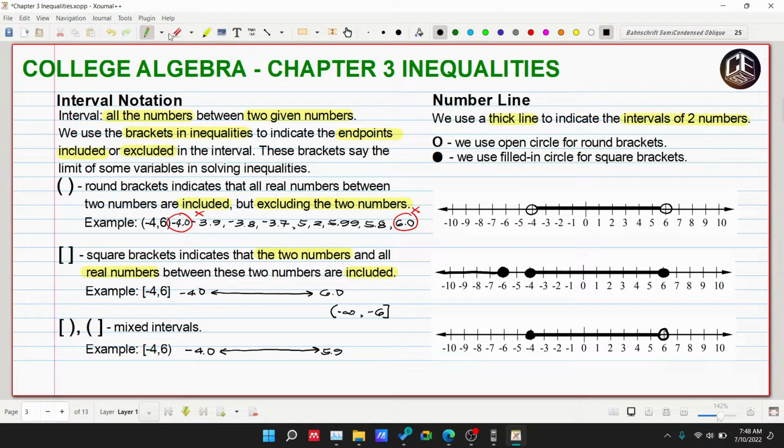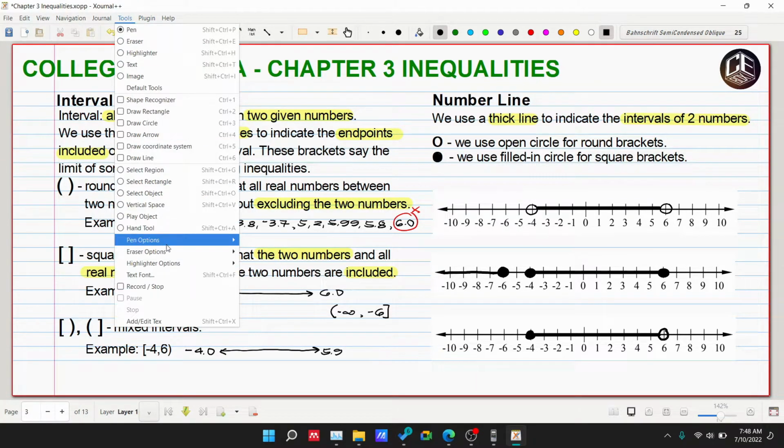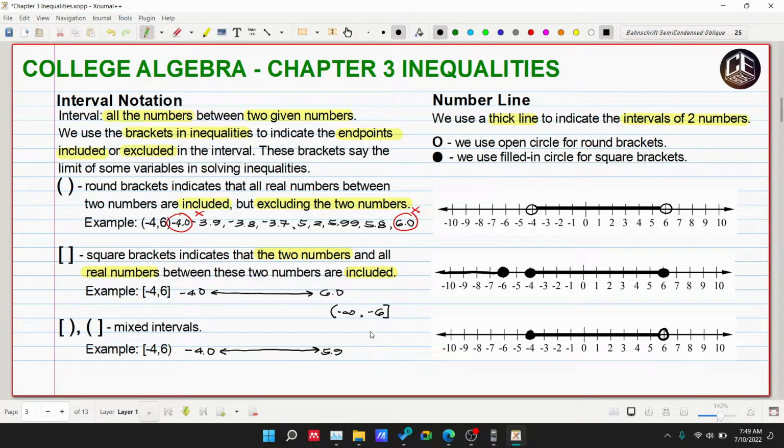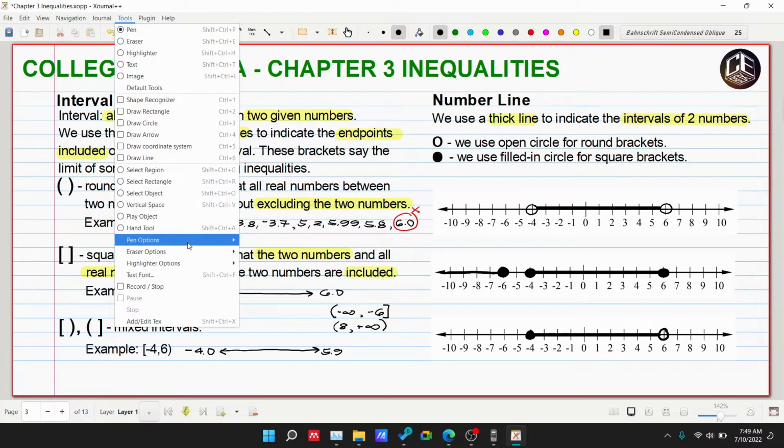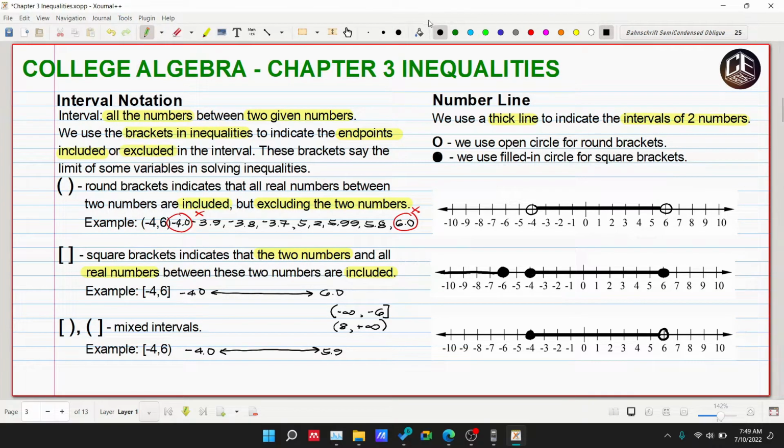Okay, so isa pa. Try natin. Sabihin naman natin 8. So sabihin natin round bracket na lang. So 8 and positive infinity.